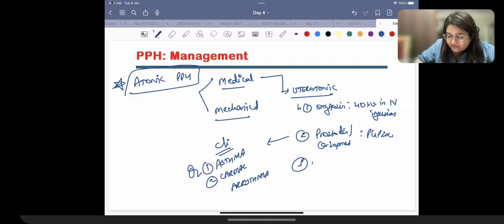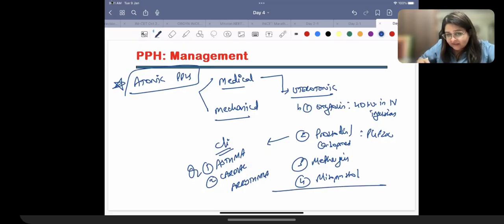Okay. What are the other drugs? You can give methergin. What else can you give? You can give misoprostol. And apart from uterotonics, you can also give another drug which should be given, in fact, that is tranexamic acid. What is tranexamic acid? It is an antifibrinolytic. And this has very recently come in the WHO recommendation.